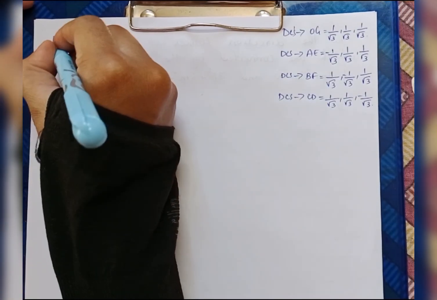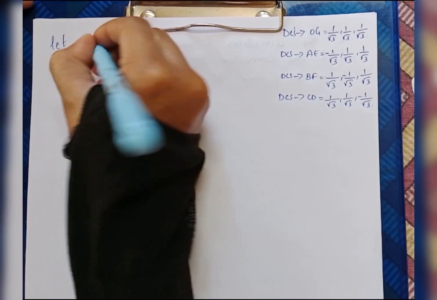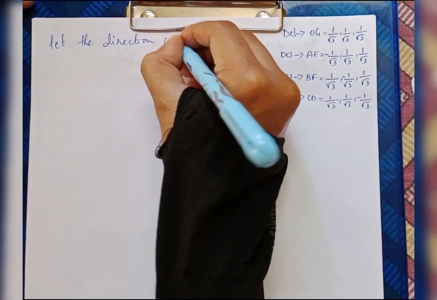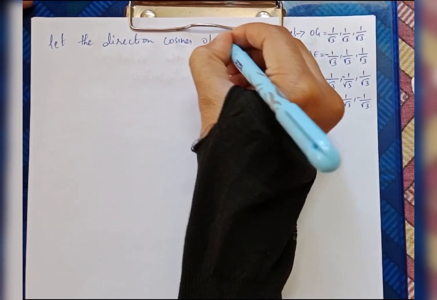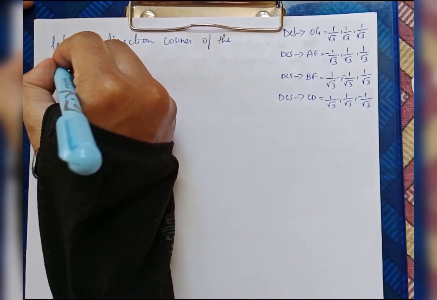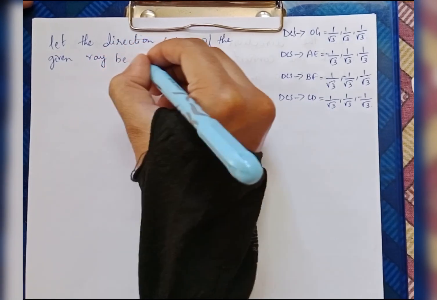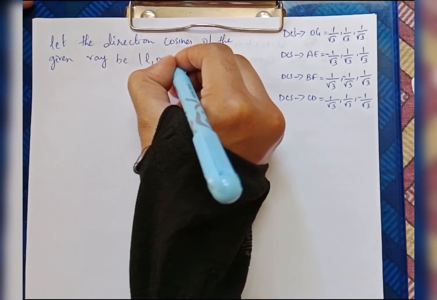So the next step is, let the direction cosines of the given ray be l, m and n.